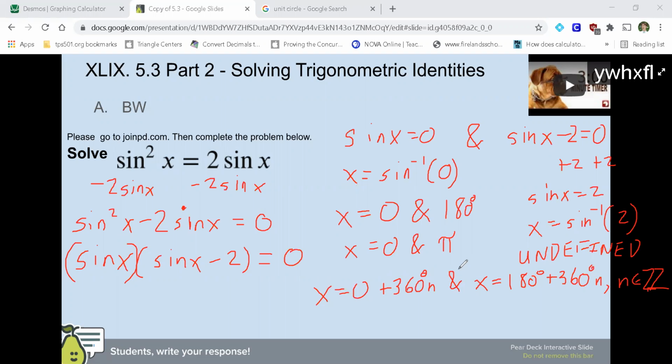I could just say that this is x equals 0 plus 180 degrees N, because every 180 degrees is when we will have a y value of 0. Or if we did this in radians, that would be x equals 0 plus pi n.